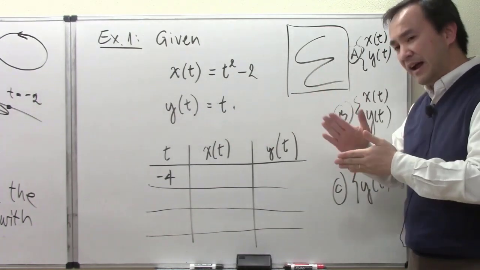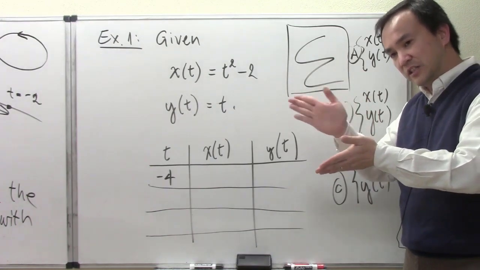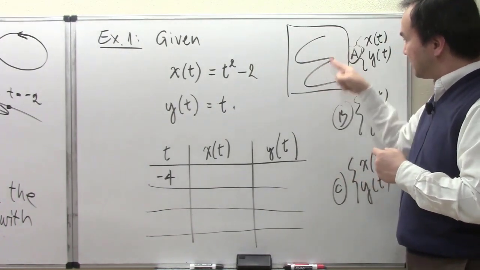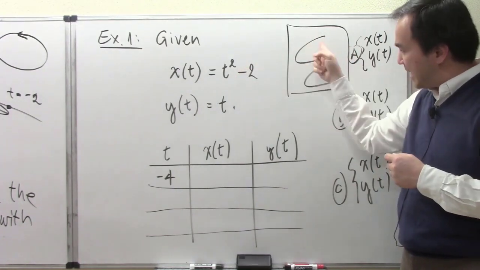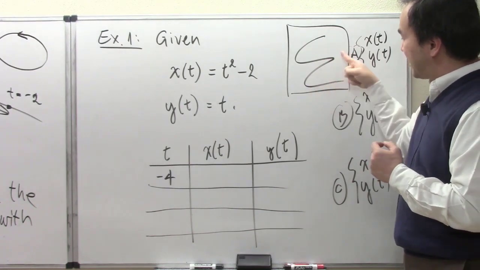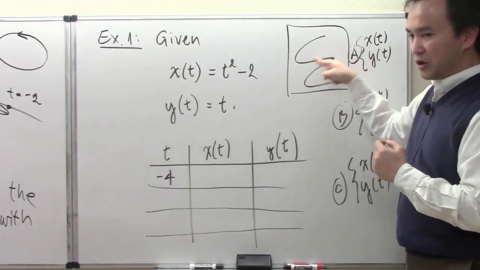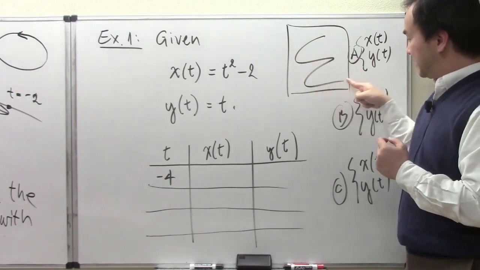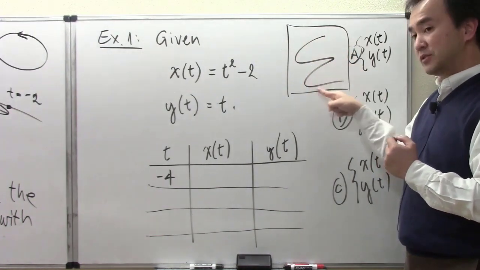You don't learn about the direction of where these points are going. Because see, same path, but it could be a different pair of parametric equations that gives you the path that goes like this, in one direction, or the same path but a different pair of parametric equations going the opposite direction right there.